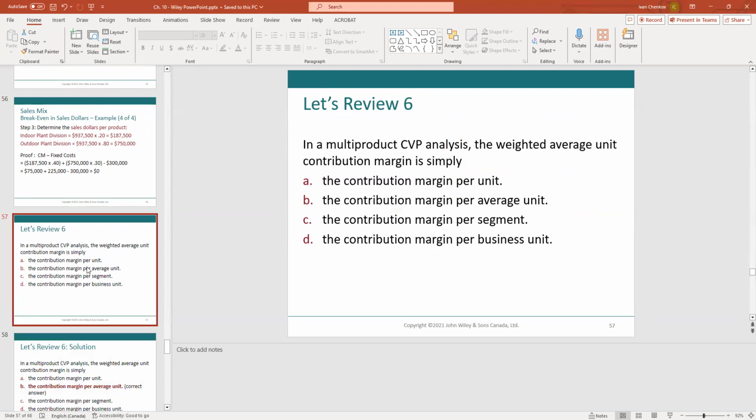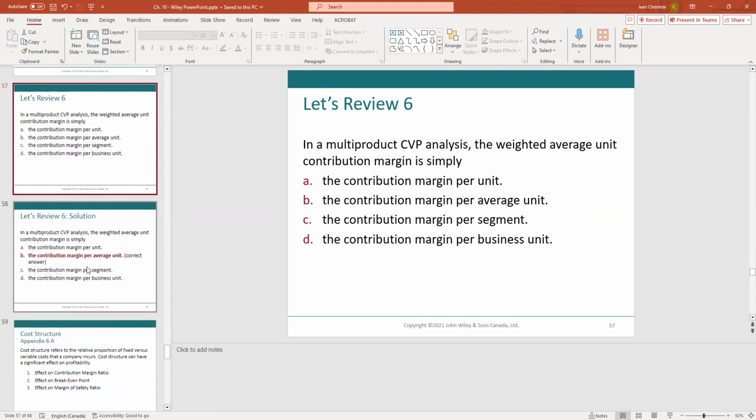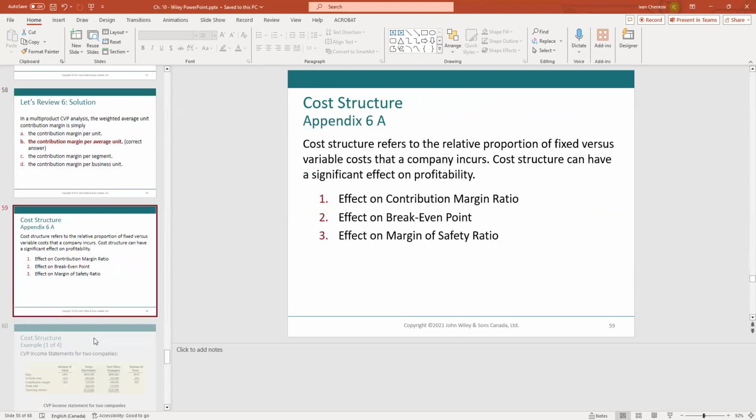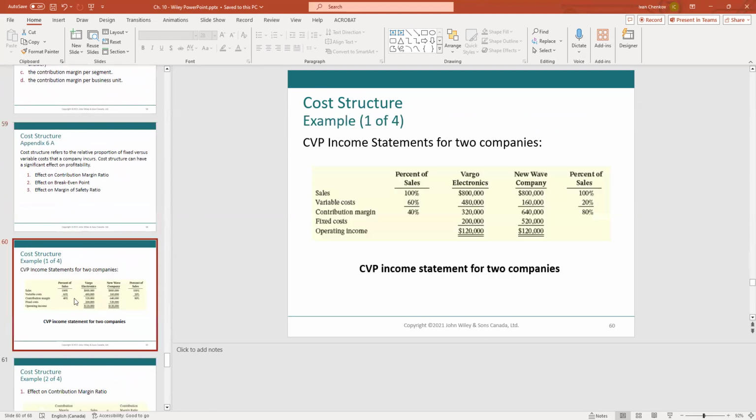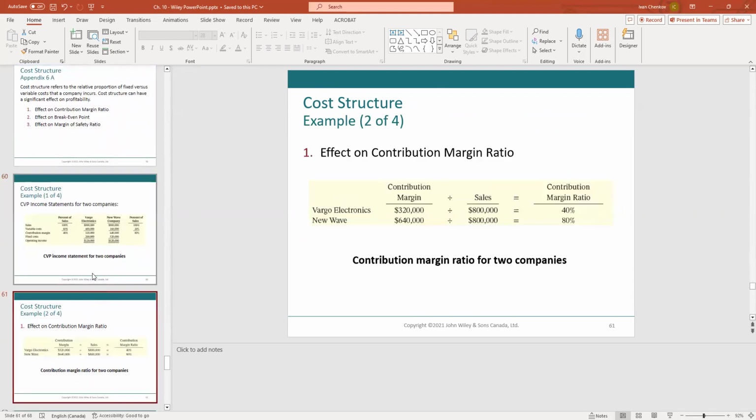Tell me what you think about this question. Yes, obviously, that one will be B. And the next one is the cost structure, which I showed you in the class, where one company is more exposed to the variable cost versus the other one, which is more exposed to the fixed cost.